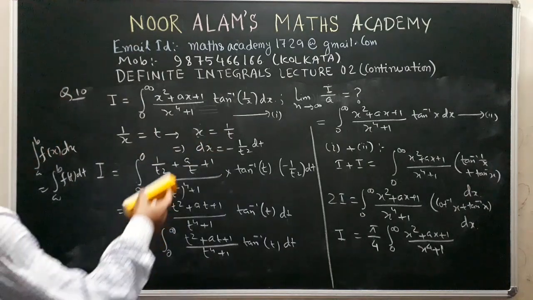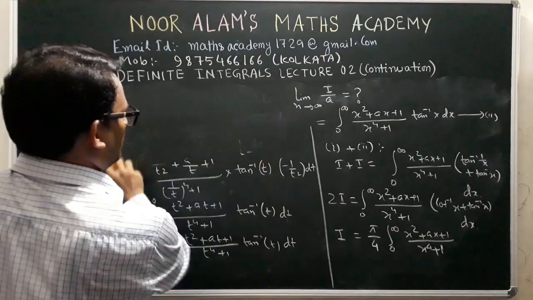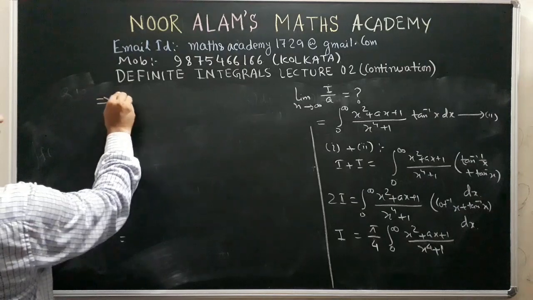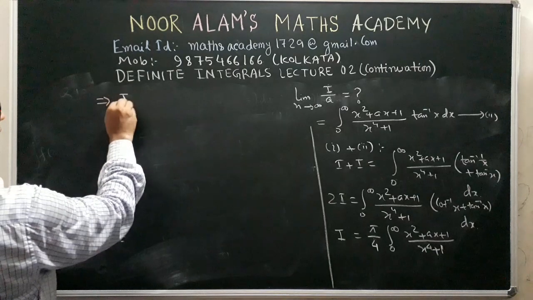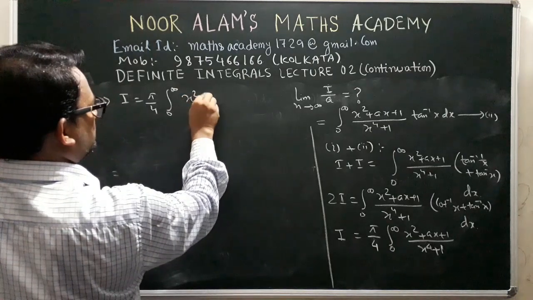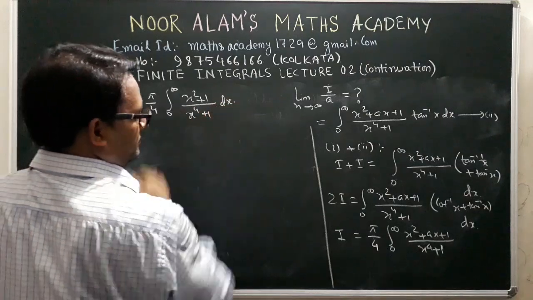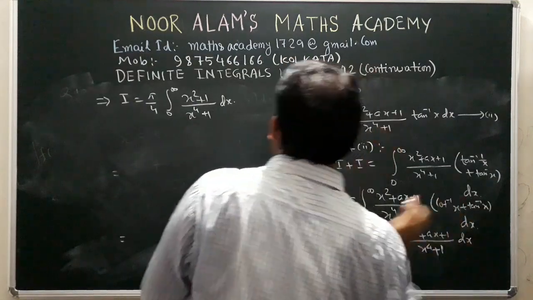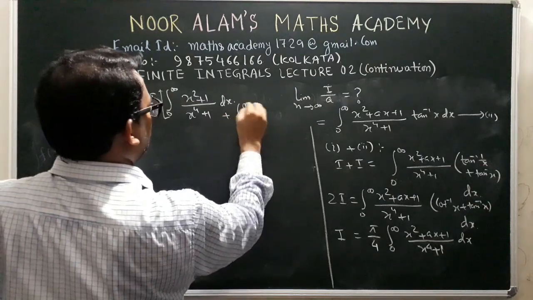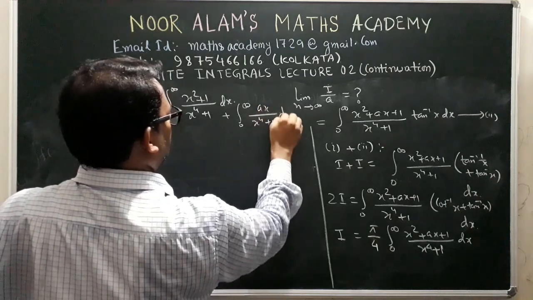Now I can be written as pi by 4, 0 to infinity, x square plus 1 by x power 4 plus 1 dx, plus 0 to infinity, the last part, ax by x power 4 plus 1 dx.